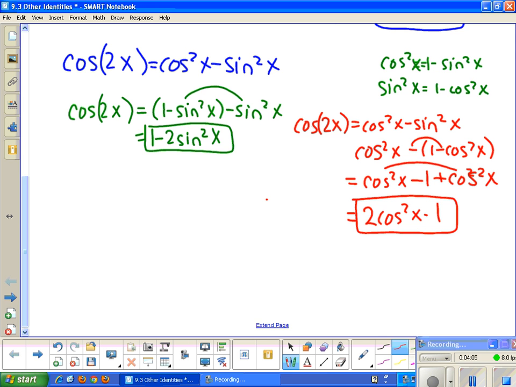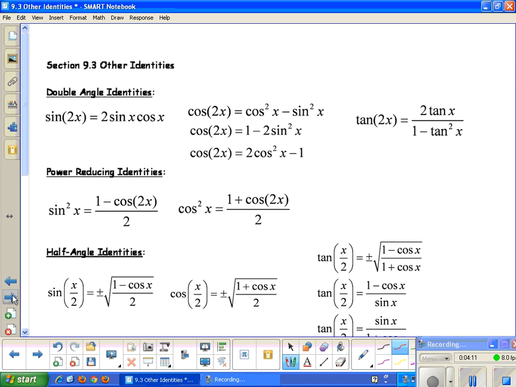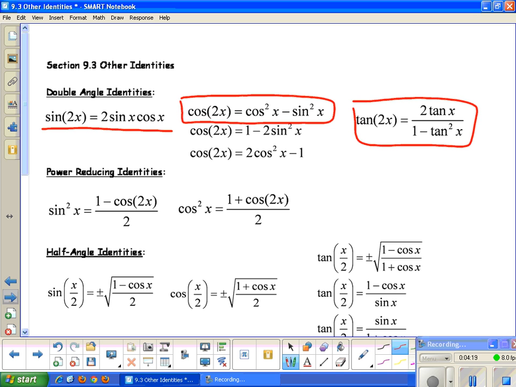So that is my other formula that I have. So for this, you want to make sure that you write those down. So right now I have my sine double angle formula, I have my cosine double angle formula, and we did the tangent. And again, you also need to know the other forms of your cosine double angle formula.